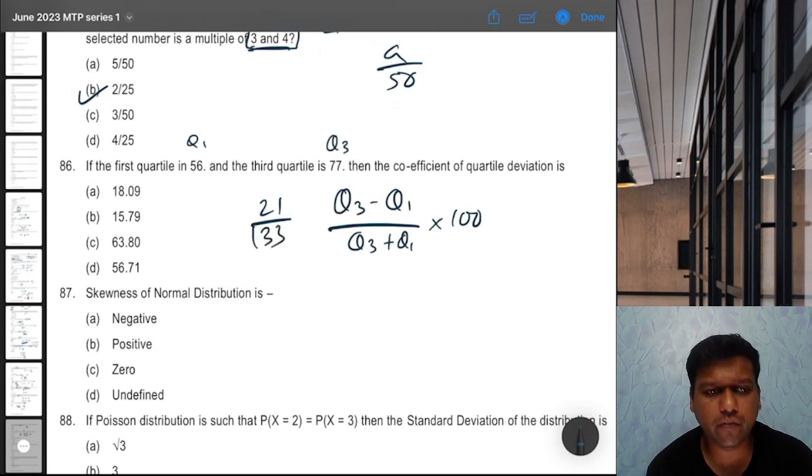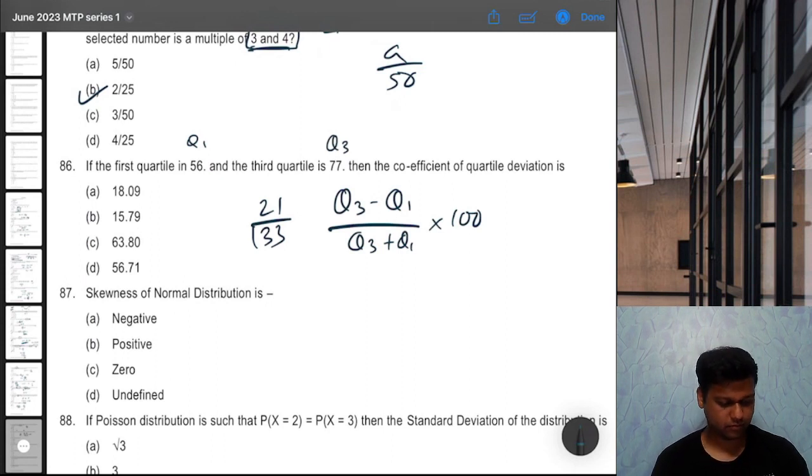My calculator is not working for some reason. Let me just check. Yeah. So 21 by 133 into 100, 15.78, option B.